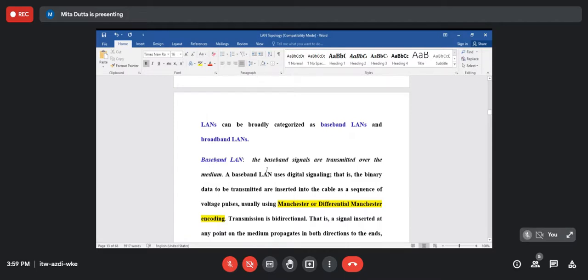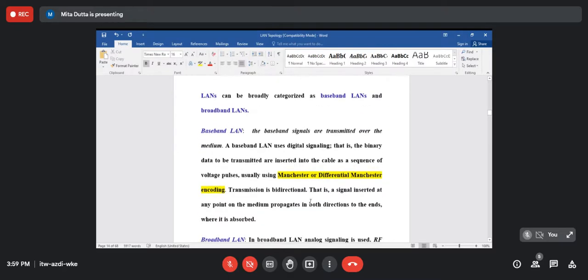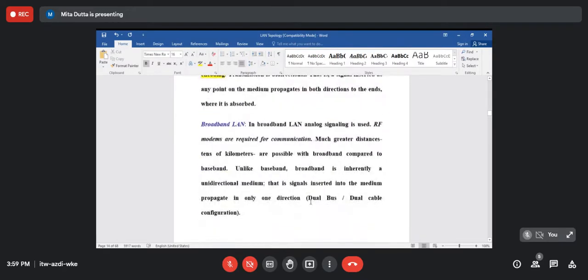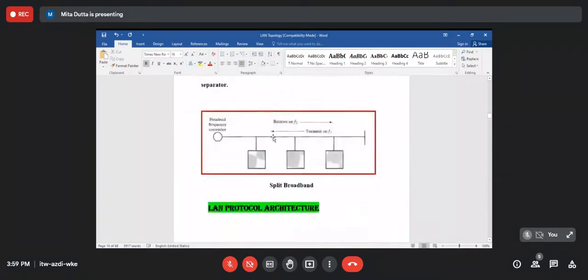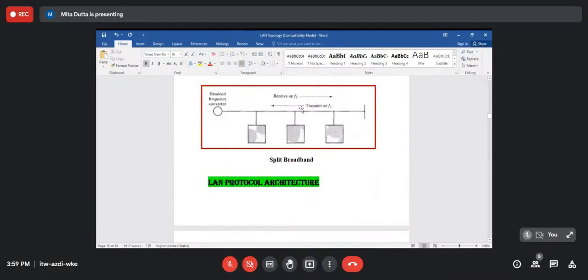In baseband LAN, we use Manchester or differential Manchester encoding technique. And in broadband LAN, transmission and reception will be at two different frequencies. The transmit frequency is F1 and the receive frequency is F2, just like in dual bus.